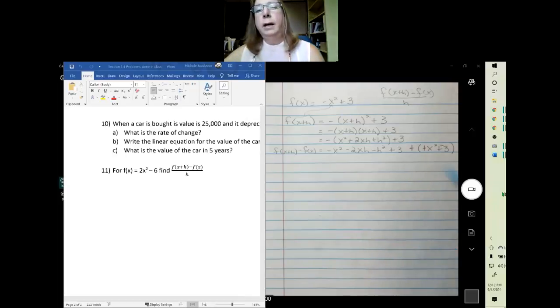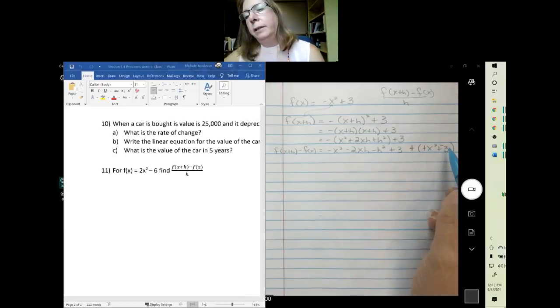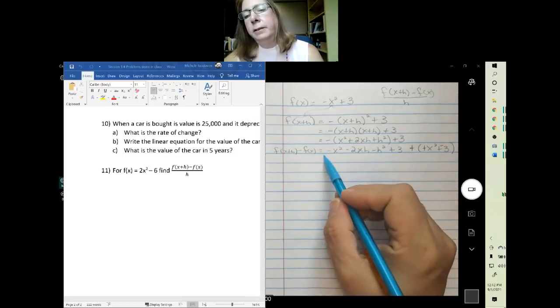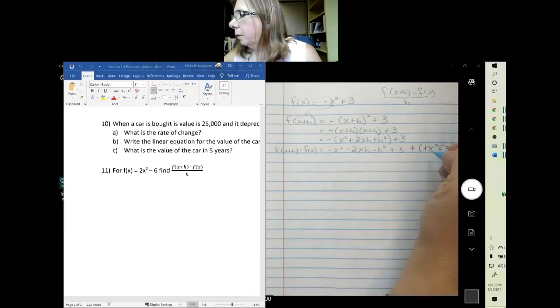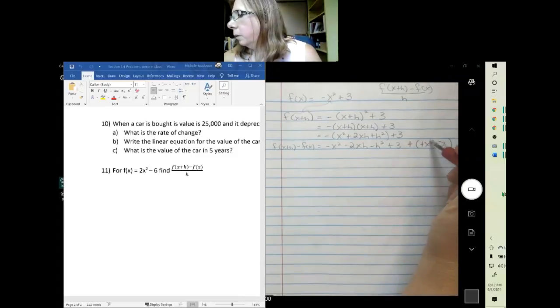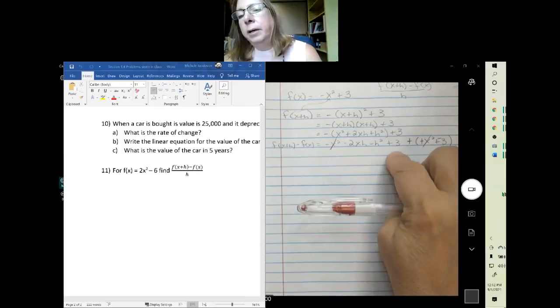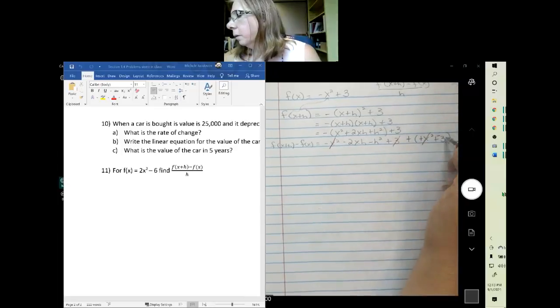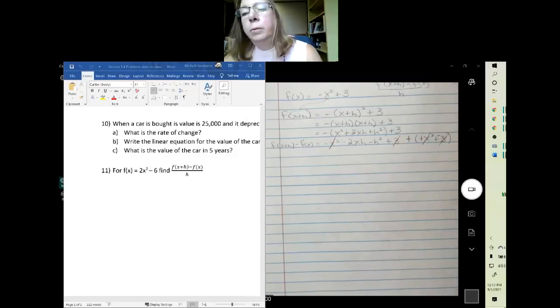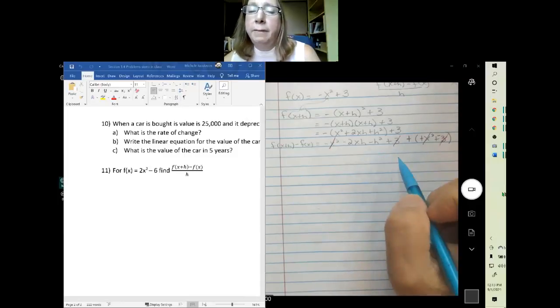When we do that, we should be able to cancel everything in this parenthesis. We have a positive x squared and a negative x squared. We have a negative 3 and a positive 3. We're left with two terms that have h's in them.